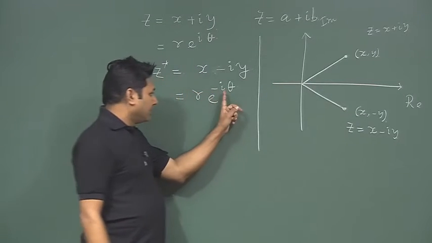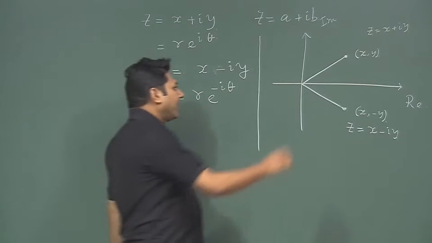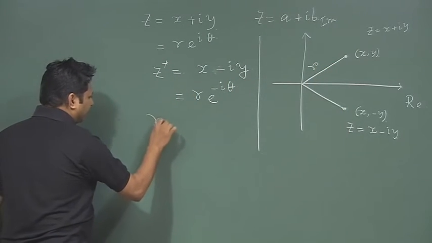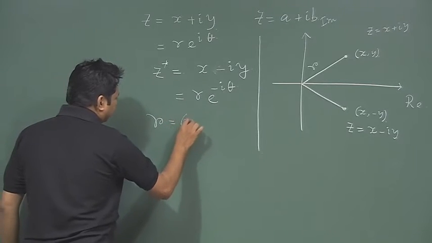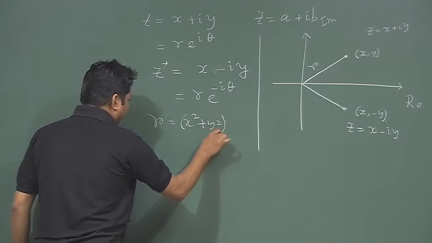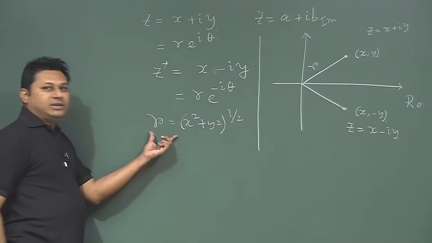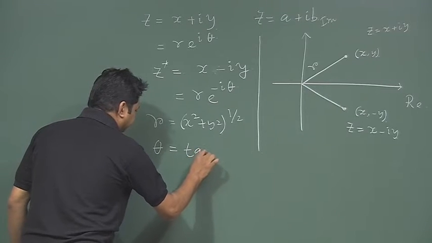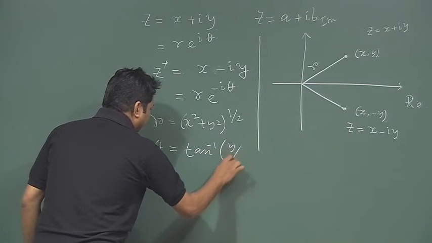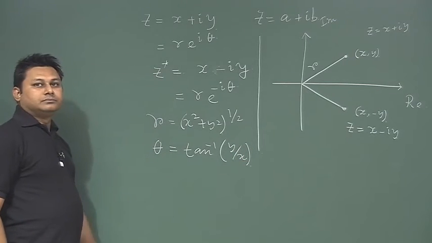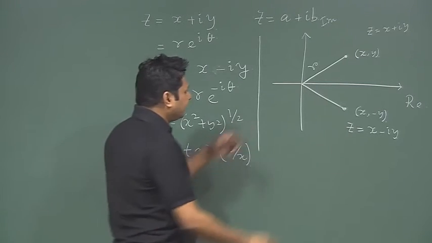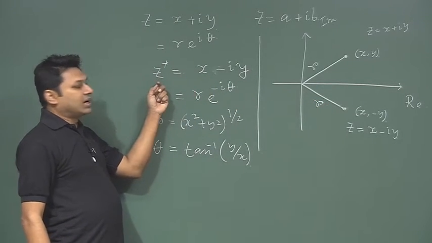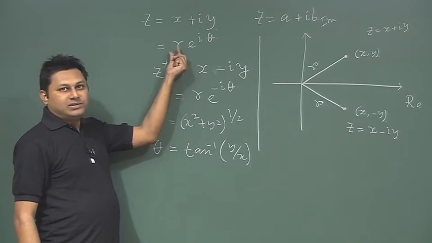Also, if I say these things in terms of theta, this is the value of r. By the way, there is a relationship between r and theta with x and y that we also derived last class. r will be this quantity and theta will be this quantity. Now if I say this is r, in both cases there is no change, whether it is z or z star, r will not change, because this is a real part.